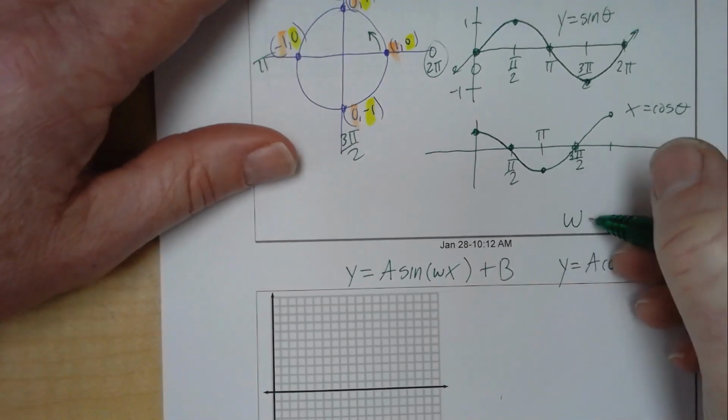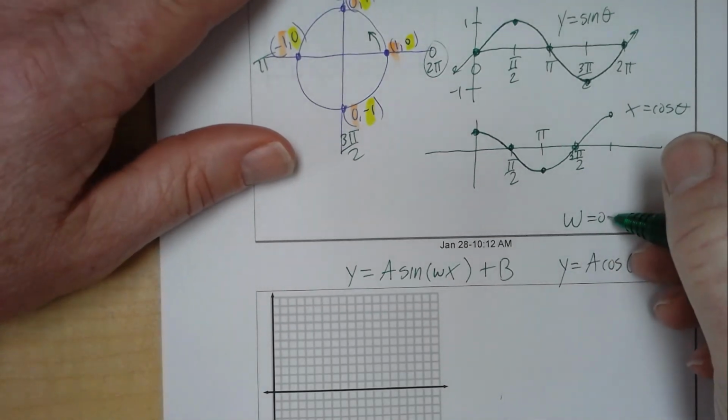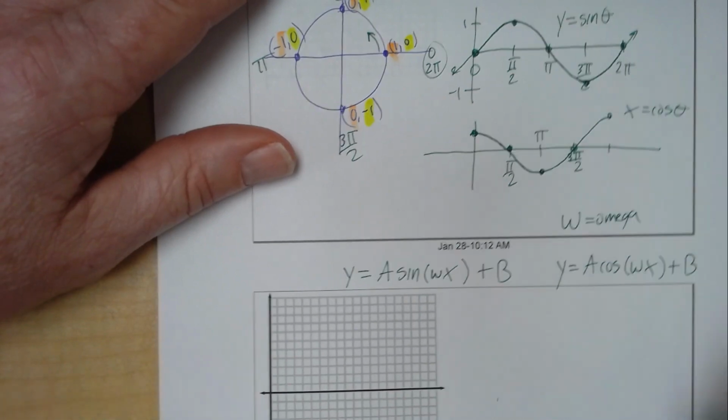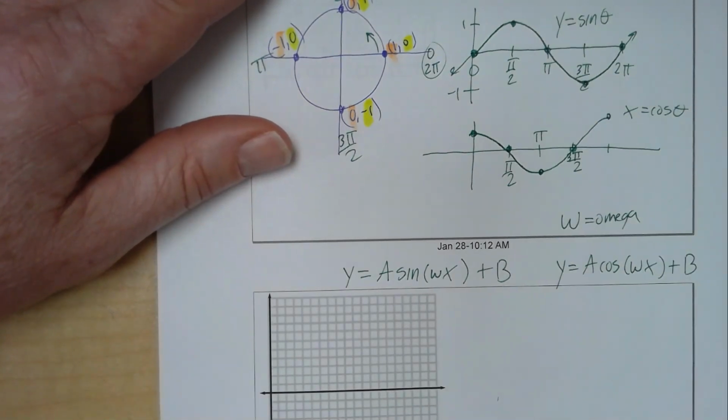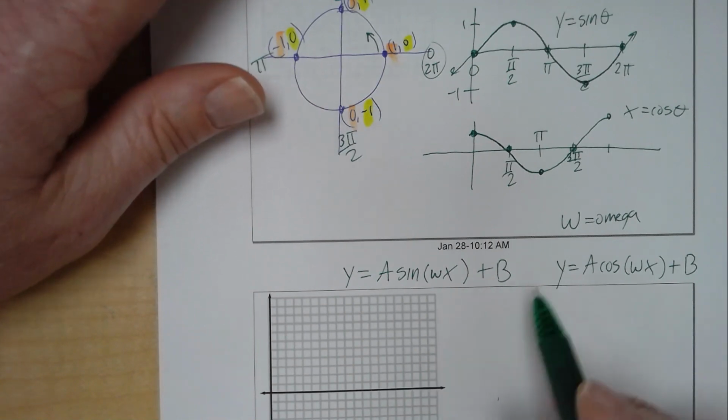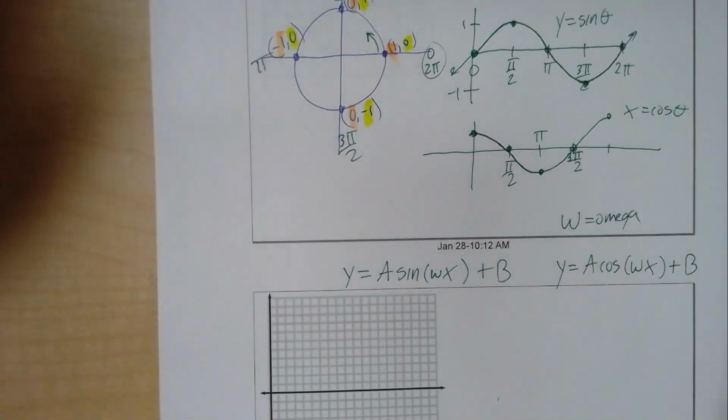So that's the Greek letter of the alphabet, omega. It's the last letter of the alphabet, like alpha and omega. All right, so this is how we shift it and make it be different things.